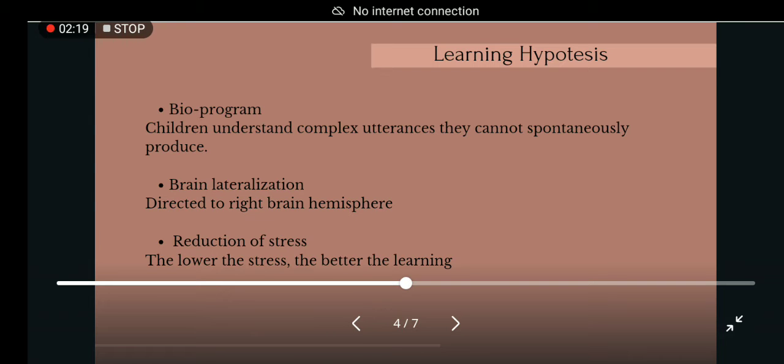The second one is brain lateralization. Asher sees Total Physical Response as directed to right brain learning, whereas most second language teaching methods are directed to left brain learning. And the third one is the reduction of stress. The lower the stress, the better the learning.